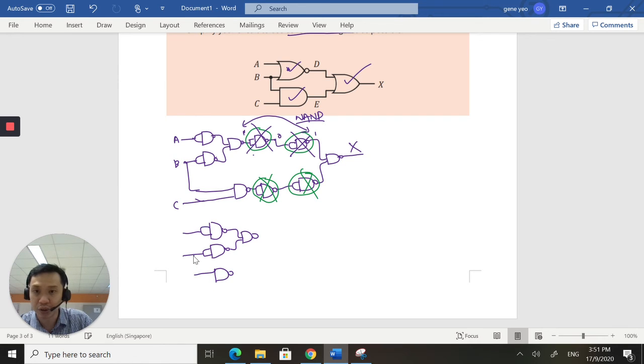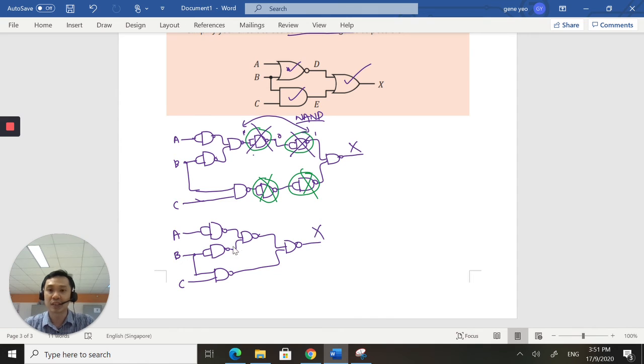This is still shorted to B, right? This is still shorted to B, and this is my third input, C. These 4 are now gone, and I'm left with just one more gate here. Input coming from here, and the input coming from there. And this is my output, X.